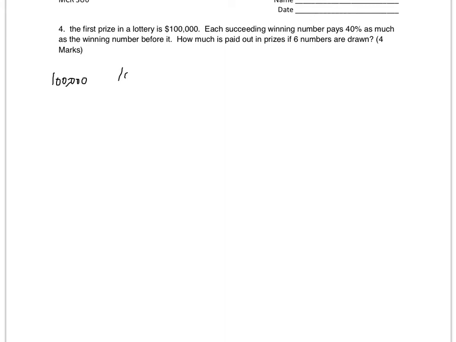The second prize is 100,000 times 0.4, because 40% in decimal is 0.4, and the one after it is 100,000 times 0.4 exponent 2, and so forth. You can see, obviously, this is a geometric sequence because every term is the previous term times 0.4.